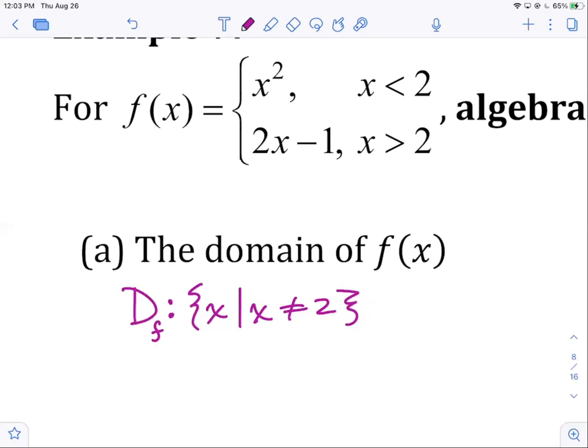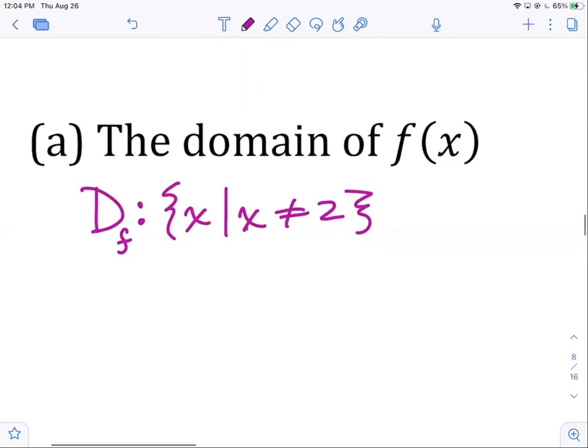And this one has the most flexibility because, you know, you could pretty much just say everything except 2. Now, if we don't define which number set we're talking about, the default number set is the real numbers, okay? That's important. So you don't have to say where x is an element of the real numbers. It's only if we're looking at a subset of that, like integers, that we have to define that.